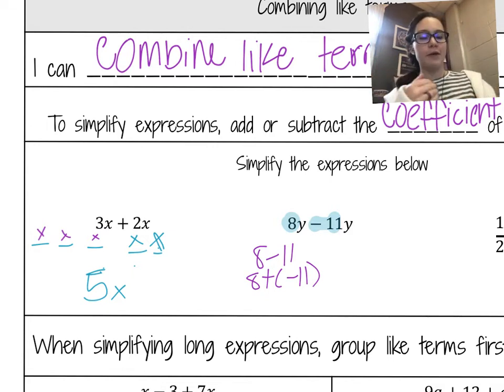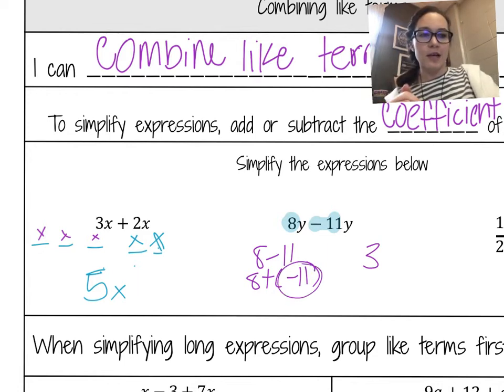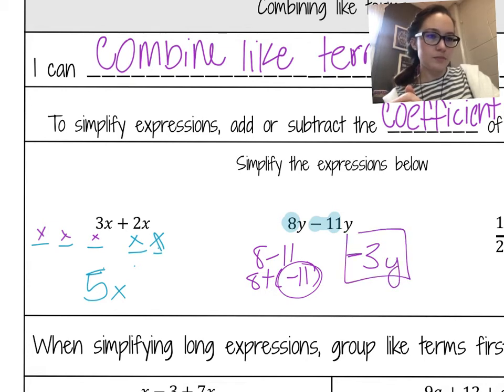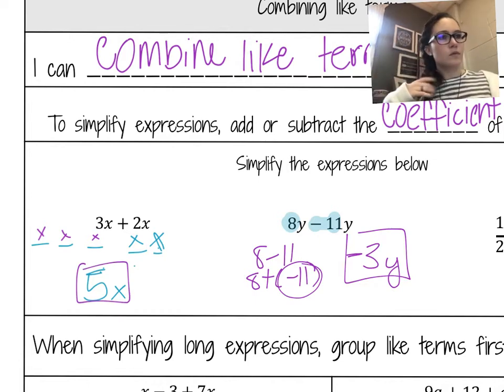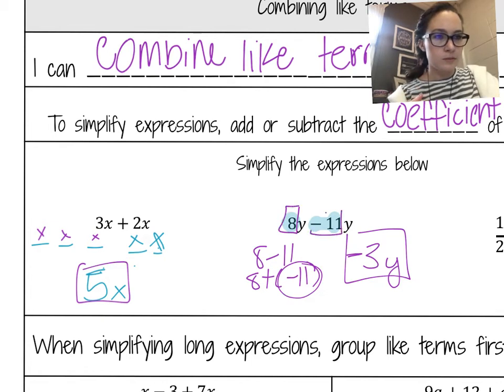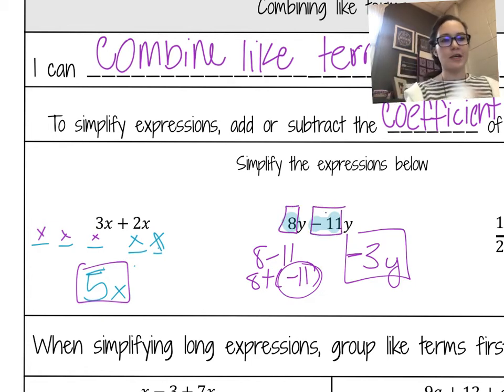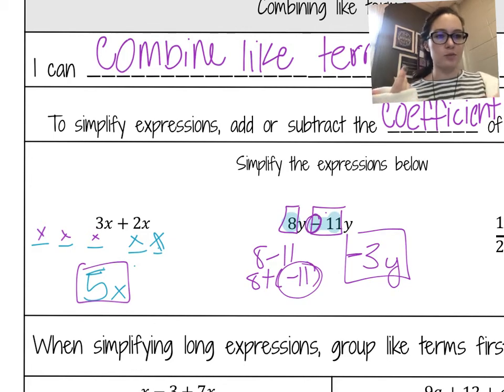We're going to take 11 minus 8 and get 3. Then we keep the sign of the bigger number. 11 is bigger and negative, so this is going to be negative 3. Negative 3y. Okay, so you just take the coefficient and add or subtract them together based on what operation is in between them.